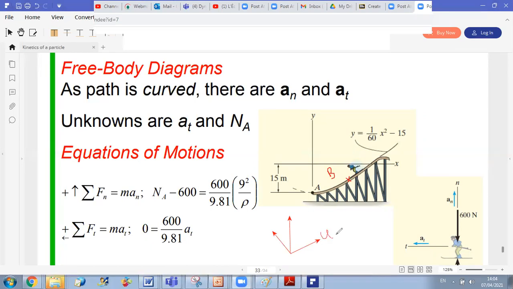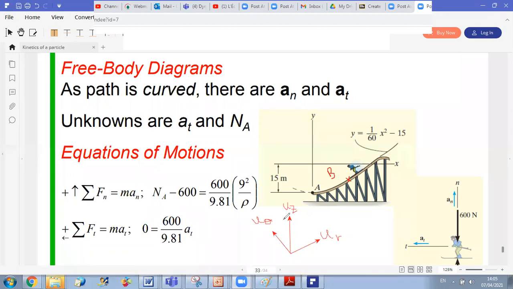Sometimes if they give you r as a function of theta, you will surely work in cylindrical coordinates, because if you know the equation of the path in the u_r, u_theta, u_z frame, then you should use projection in cylindrical coordinates. So you will do sum of F_r equals m a_r, sum of F_theta equals m a_theta, and sum of F_z equals m a_z. And of course, you will use the relations derived in the previous chapter.